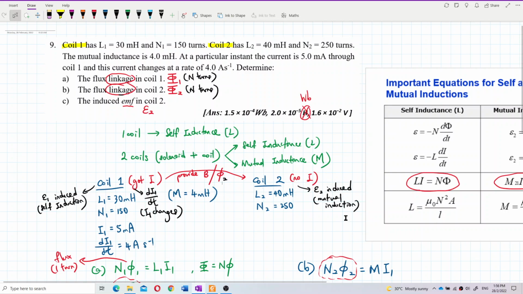This is called mutual induction. So EMF is induced in coil 2 because there is a change of current in coil 1.